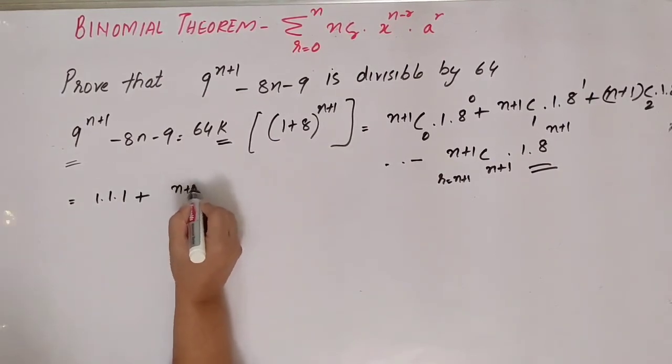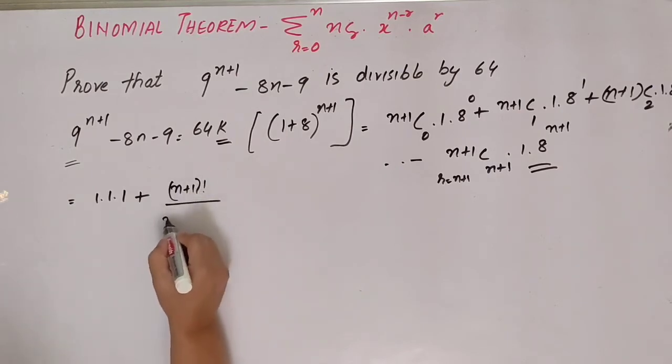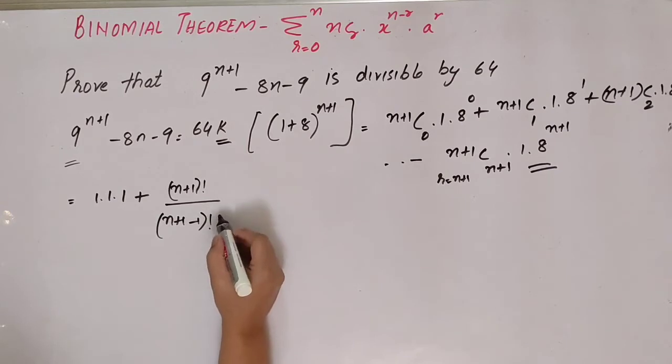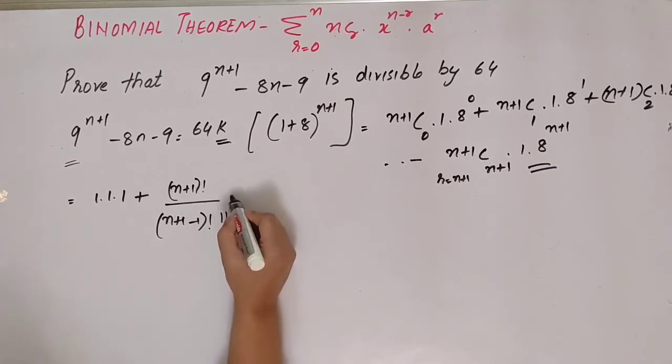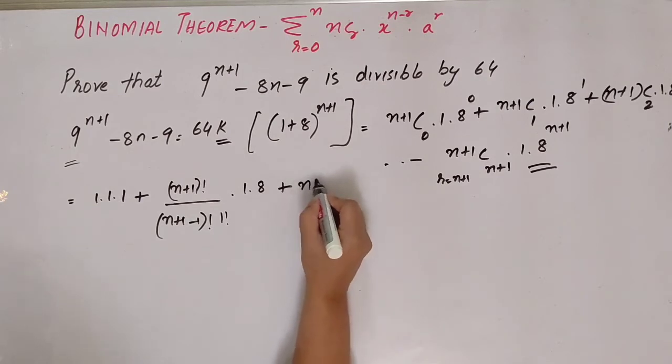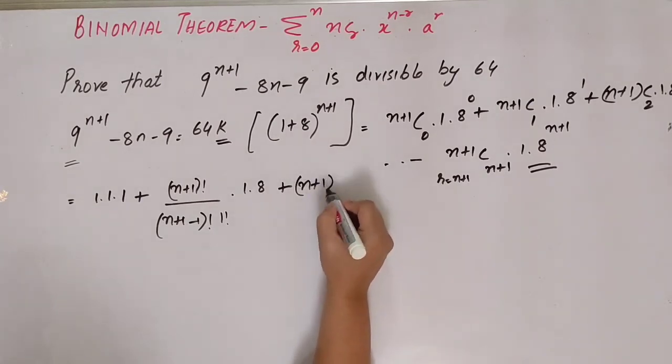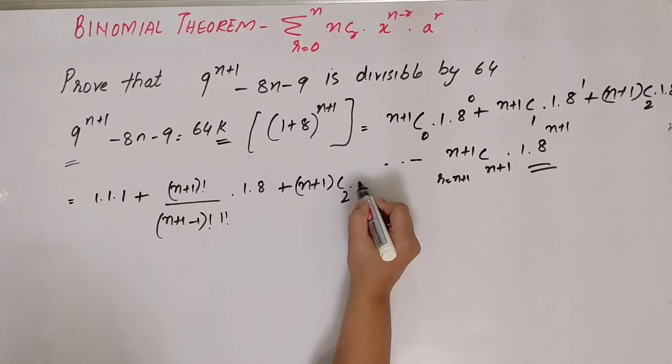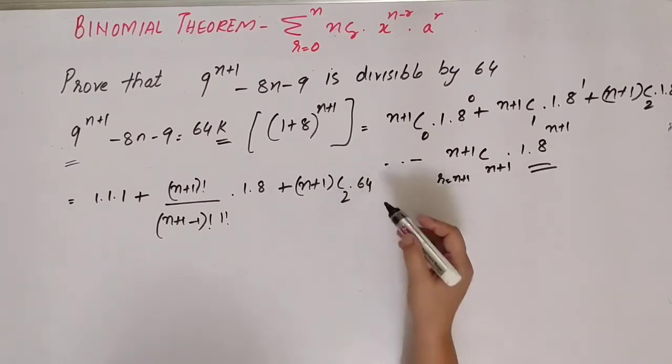What is it? n plus 1 factorial by n plus 1 minus 1, because r is 1, into r factorial, which is 1 factorial, into 1 into 8, plus n+1 C2 into 1 into 8 squared, which is 64.